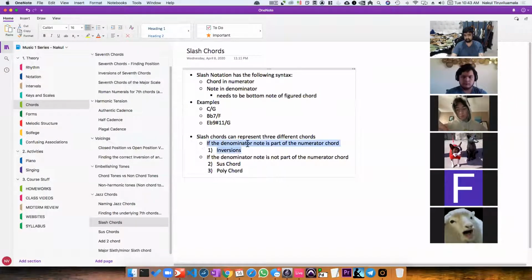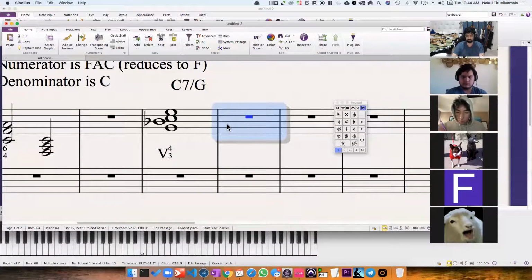If the denominator note is part of the numerator chord, it's an inversion of the numerator chord. If the denominator note is not part of the numerator chord, it could be a sus chord or it could be a polychord. So for instance, if I did an F major over G, this would actually be a sus chord.